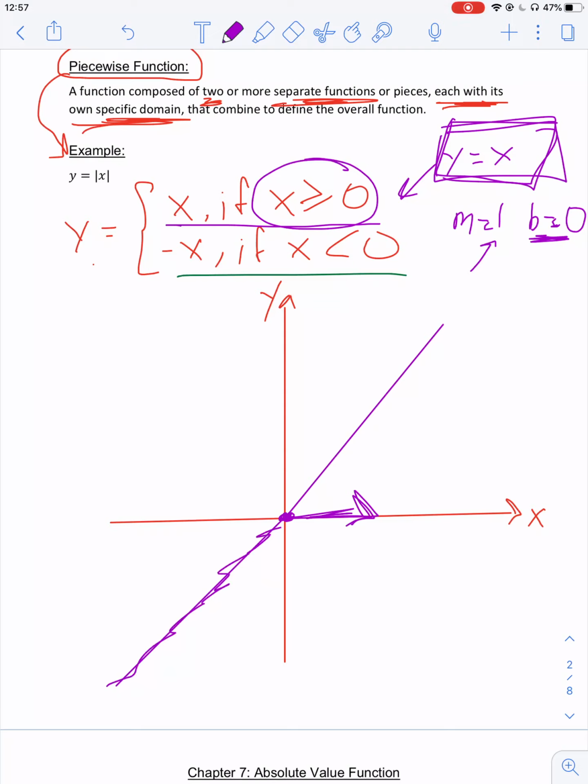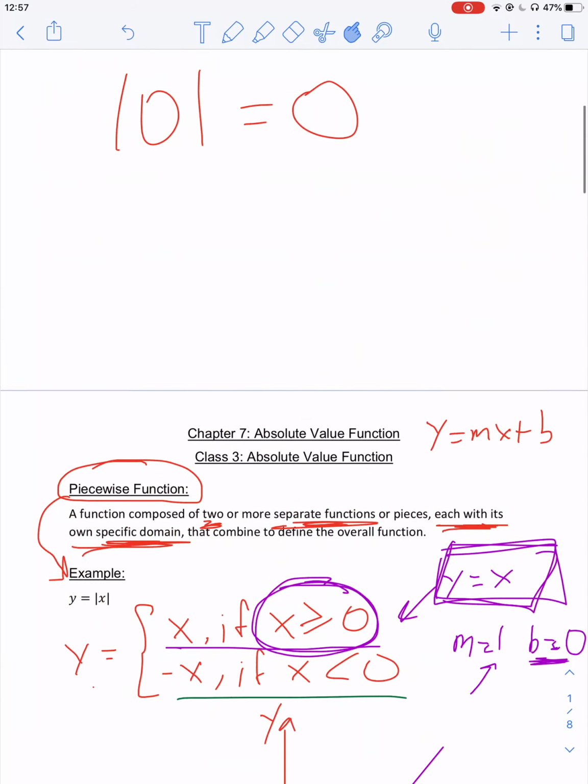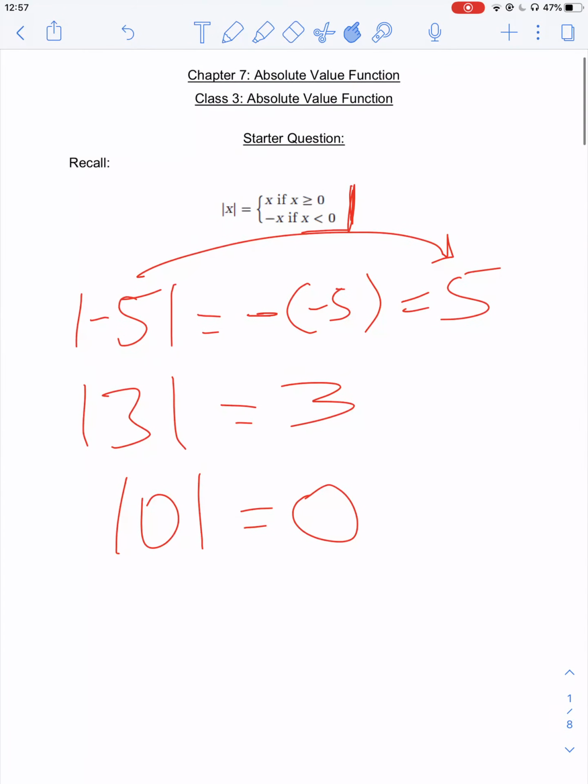And there's a couple of ways to convince yourself why this one has to disappear. First of all, it's not within your domain because this branch over here, the x values are less than 0. Secondly, if you go back to the definition of absolute value, it turns negative numbers into positive numbers, right?